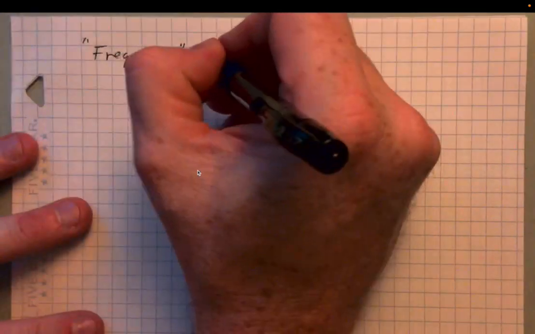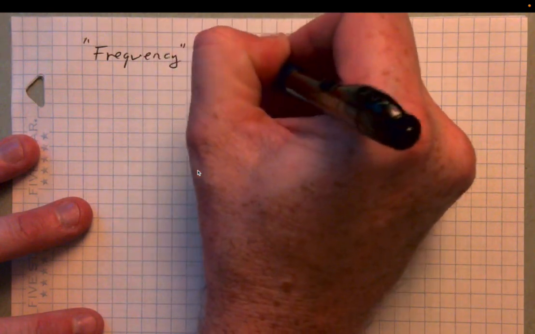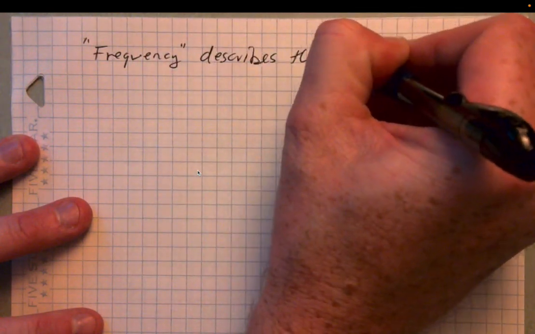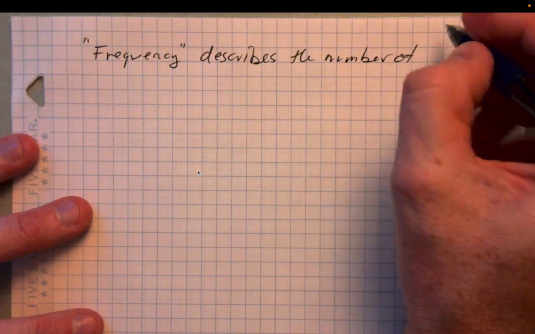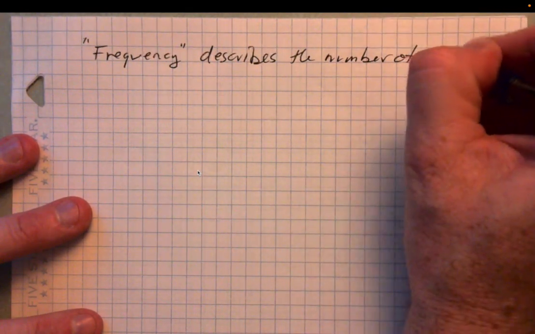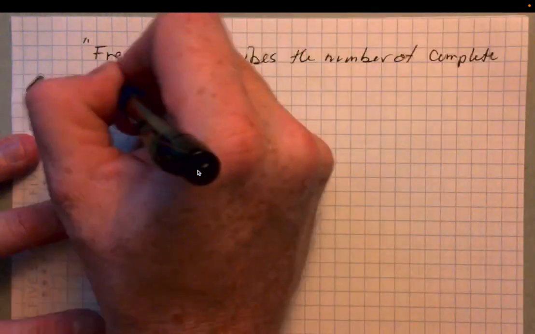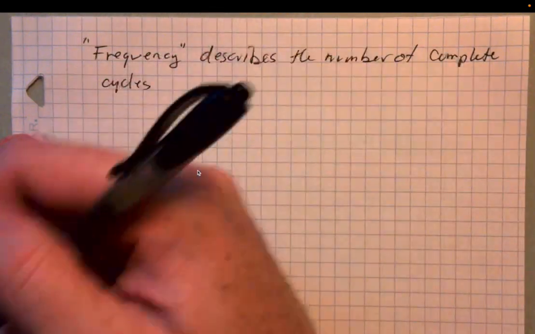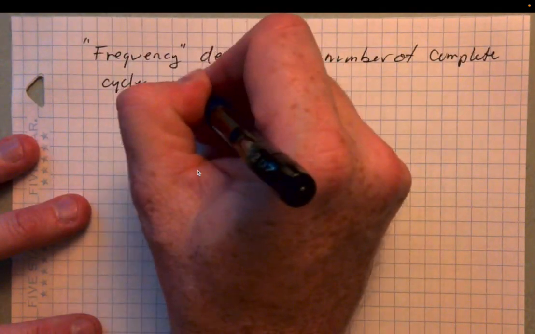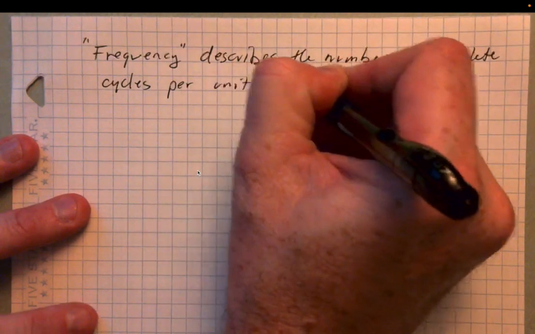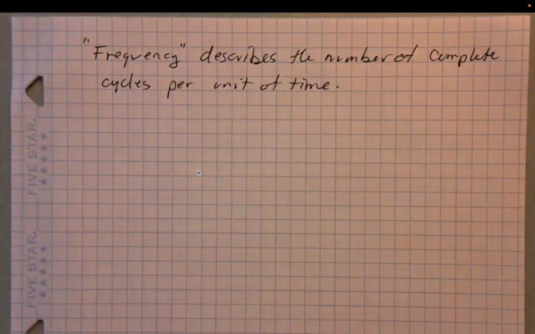Well, frequency describes the number of complete cycles per unit time. Complete cycles per unit of time. Okay, it's per unit of time.